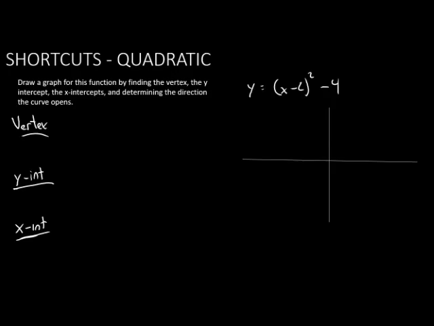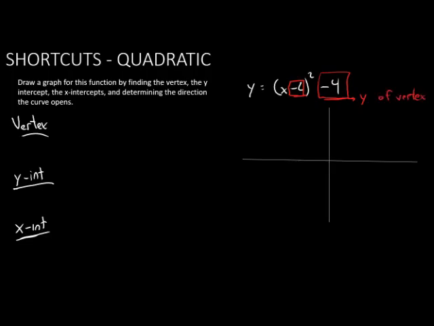To find the vertex, we can look to this function directly and look at this number that's outside of the parentheses and this other number, which is added or subtracted from x inside the parentheses. The number on the outside, the negative 4, which is subtracted from all of the squared term, is the y value of the vertex.